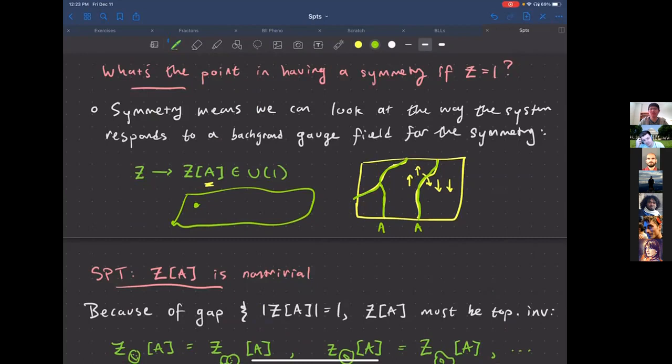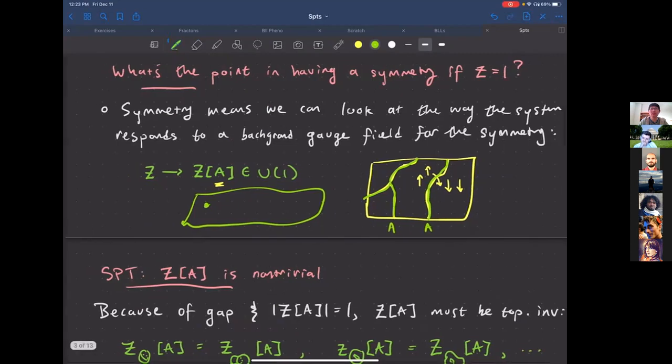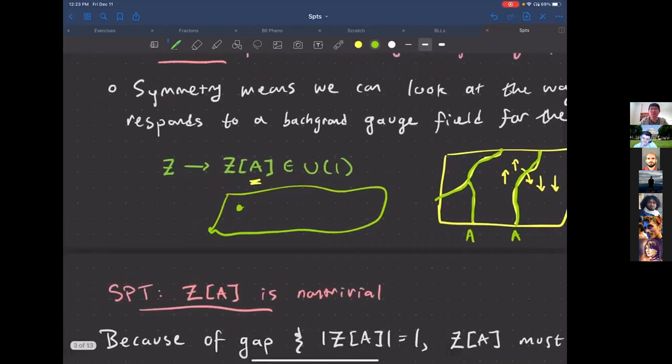So what one can do is, I said that Z was equal to 1. Maybe this is a normalization choice, but what you should think of is, we'll see an example of this in just a sec, where you have some matter fields, and then you have some action and some Lagrangian with these matter fields and gauge fields.